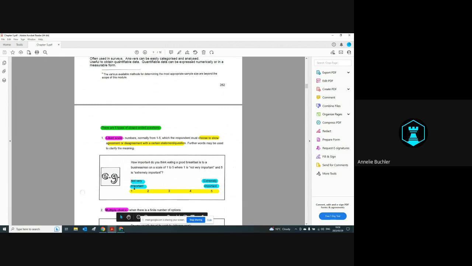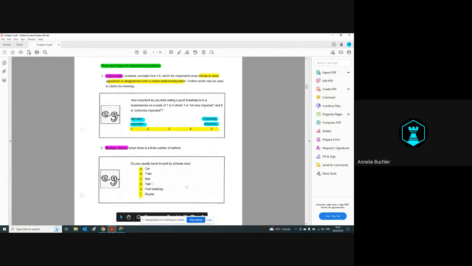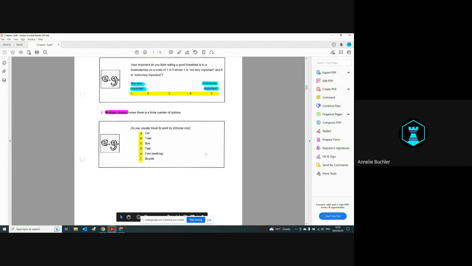Is it important or not important? So you will use the Likert scale as a measurement. Then you have your multiple choices, where you choose A, B, C, D, or E. You're going to get multiple choices in your PDE exam. Okay, so we're all familiar with that.